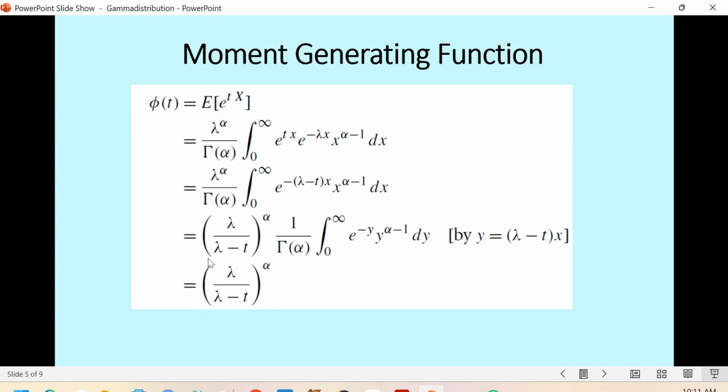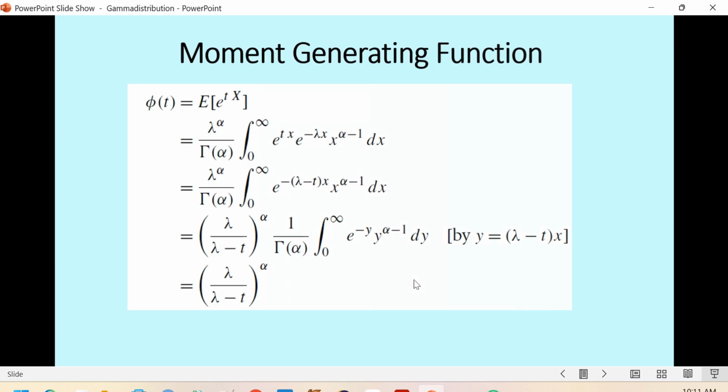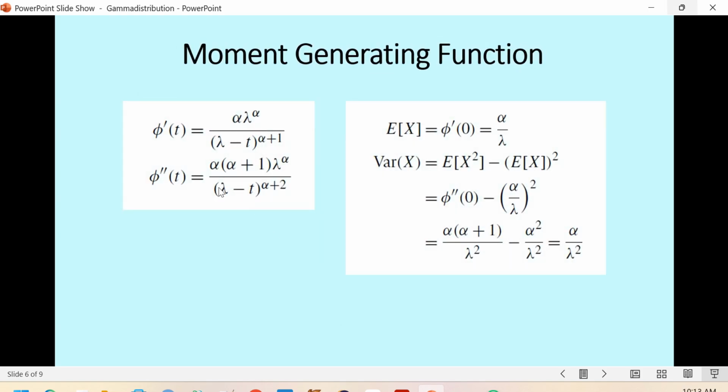This is the moment generating function of a gamma random variable with parameters alpha and lambda. Next, we take the derivative of the moment generating function with respect to t and get this result, and we take the second derivative with respect to t and get this result.